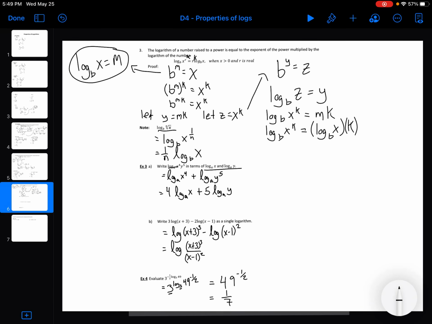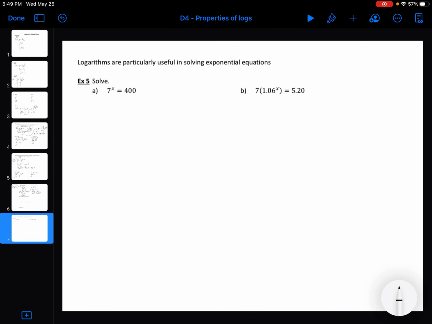All right. Last set of examples here, really quick. Logarithms are particularly useful when we're solving these equations. This is what we talked about before, from last year. What we want to do is take the log of both sides. So we'd have log of 7 to the exponent x equals 400.